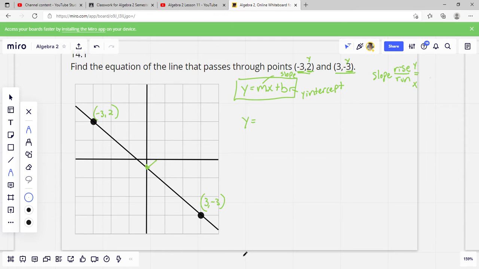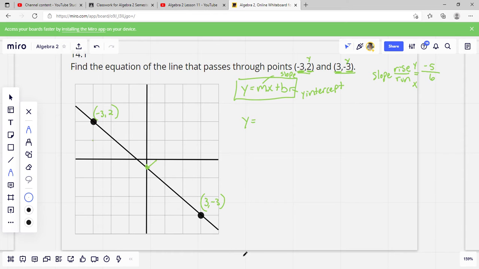So it'd be -5. And then my run would be from -3 to 3. That means I went up 6.